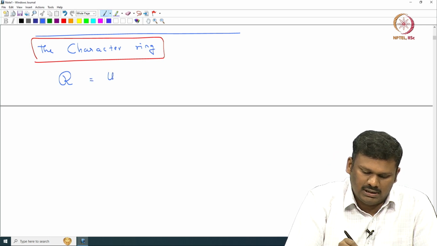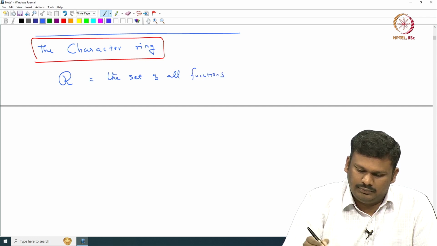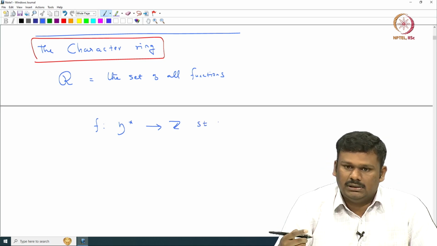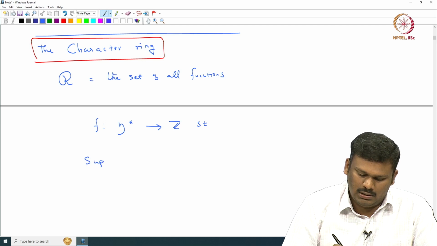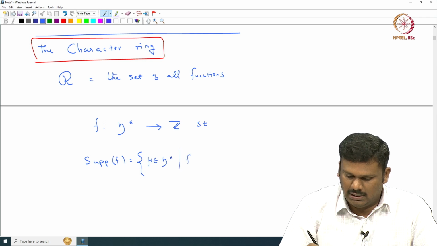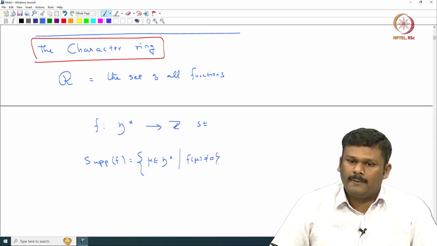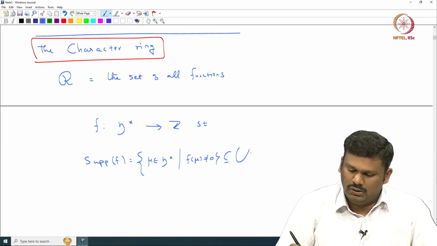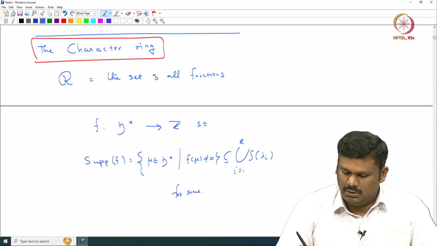So, this is the set of all functions f from H star to Z, such that if you look at the support of f, which is by definition those mu in H star such that f of mu is non-zero, we are only interested in the support, and we demand that it is contained in the union of S of lambda i for some lambda 1 etc. lambda k in H star.